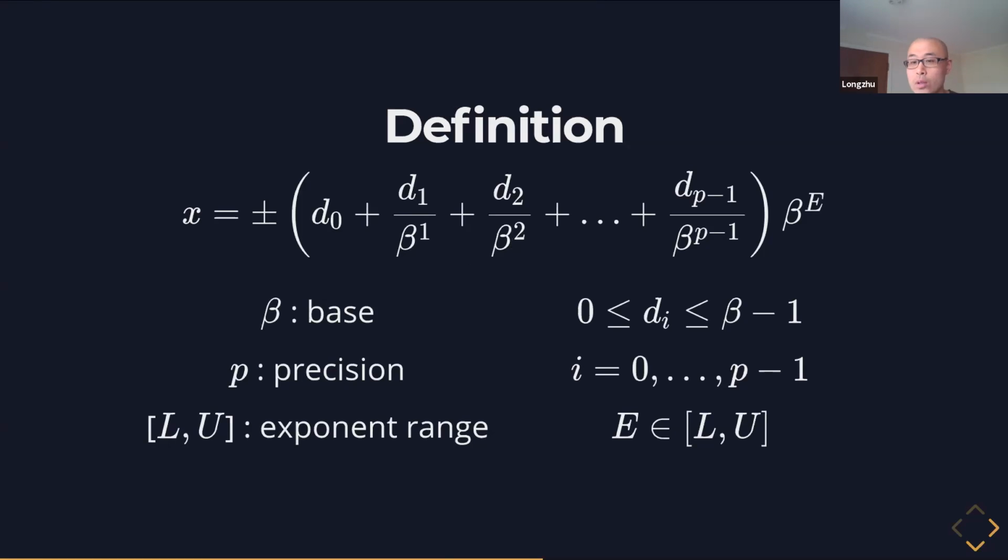2 squared. What's 2 squared? 4, right? 1 over 4. So that means 1 plus 1 over 4 is what? Yeah, it's 5 over 4, right? Then you start calculating this one.